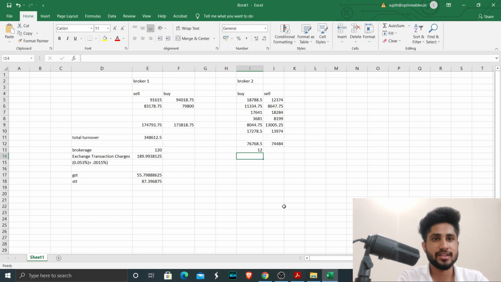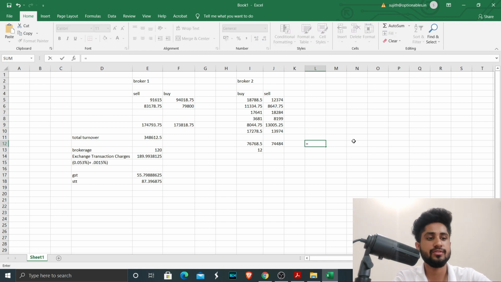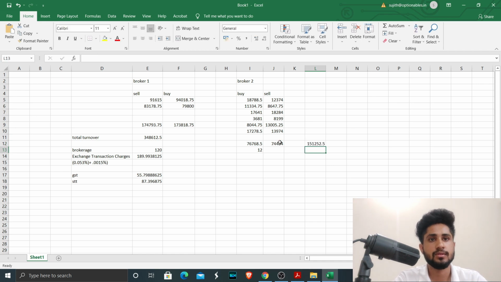And exchange transaction charge, as I told you, it will be calculated based on the total turnover value. So 0.053 of total turnover value. I'll just show you what it was supposed to be if we have 0.053 and what is the actual charge. So the total will be somewhere around this plus this.